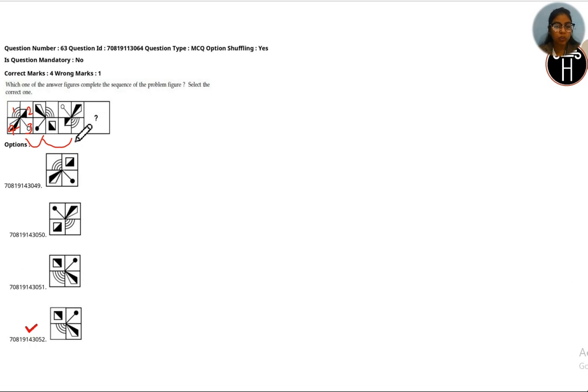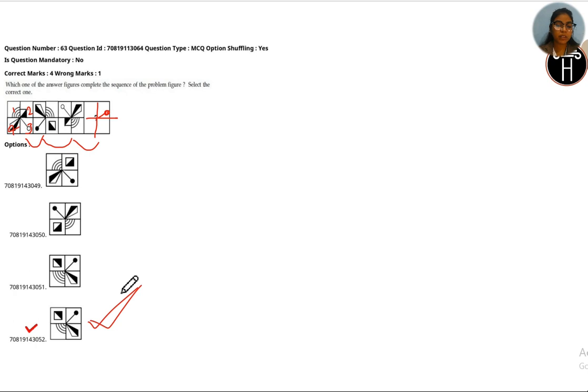Okay. So now for the next one, it's obvious that we will get this one in your second quadrant. Okay. Here it was hollow, here it was solid, hollow, then again we will have what? Solid. Okay. So now look at the options given to you. Obviously option number D is your correct answer.